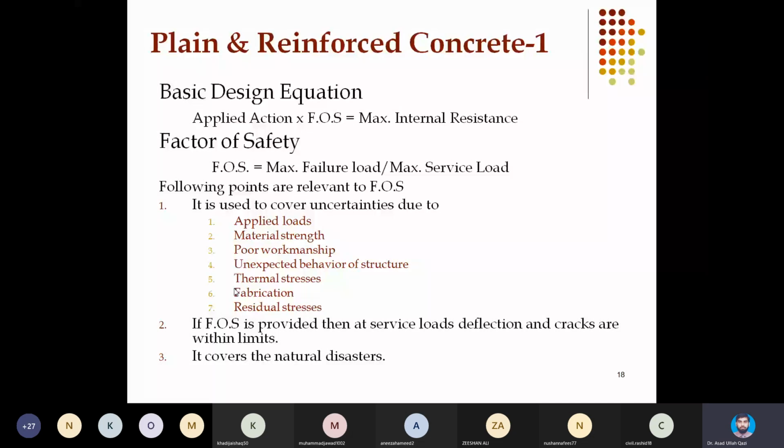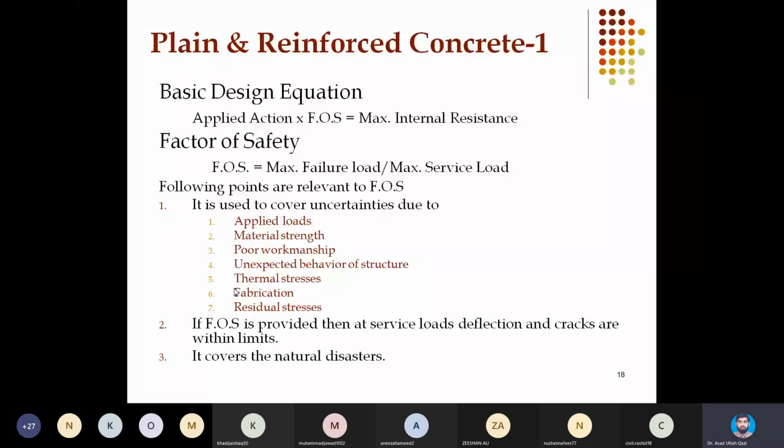Now this factor of safety, which is covering so many uncertainties, if it is provided, then at service loads, deflections and cracks are within limits.